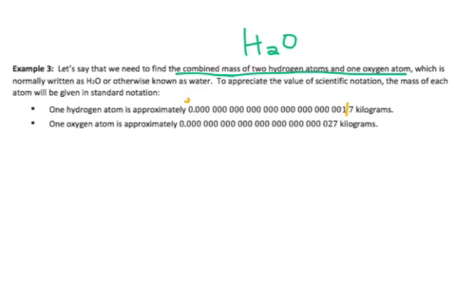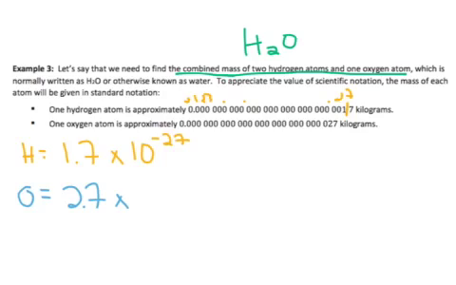So if we would start at 0 and count the whole way, we would get to 27. So for hydrogen, I would have 1.7 times 10, and remember, since it's a value less than 1, it's to the negative 27th power. I would want to do the same thing with oxygen. So if you rewrote oxygen in scientific notation, we would have 2.7 times 10 to the negative 26th power.